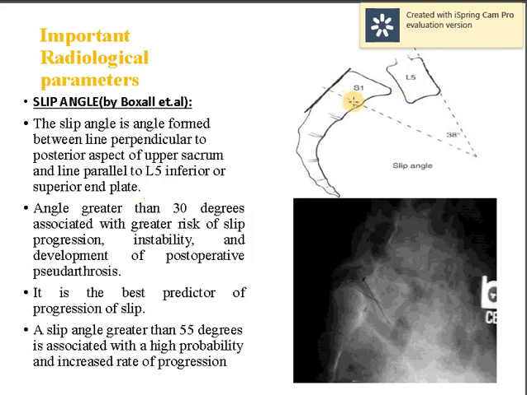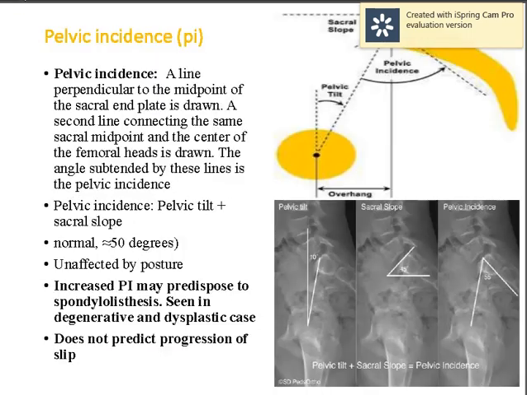So this is the perpendicular line to the posterior aspect of the upper sacrum and the line parallel to the L5 end plate, and this is the slip angle formed here, which is shown here as 38 degrees. An angle greater than 30 degrees is associated with greater risk of slip progression, instability, and development of postoperative pseudoarthrosis. It is the best predictor of progression of the slippage. A slip angle greater than 55 is associated with a high probability and increased rate of progression.